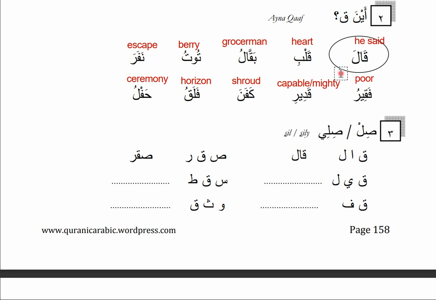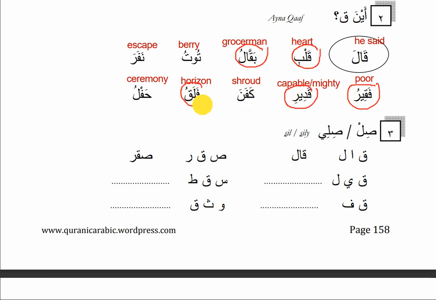So where is qaf? Let's see. We will circle qalb, baqal, tooth, nafar. You cannot hear the heavy sound of qaf. Faqir. We have qaf here. Qadir. Kafan. Falaq.